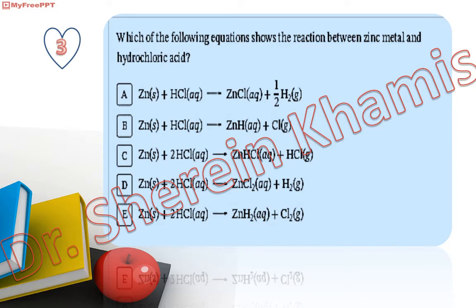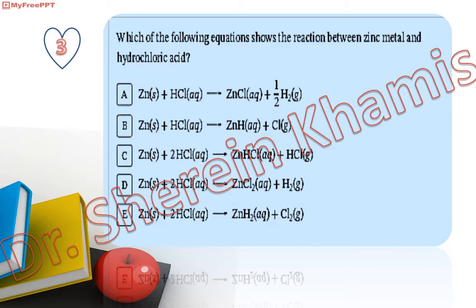But here we have hydrochloric acid, so zinc reacts with HCl aqueous solution, meaning it dissolves in water, and we will remove hydrogen of the acid, so we must balance the reaction. Zinc is divalent and chlorine is monovalent, making the compound ZnCl2, and hydrogen gas H2 is removed as a side product.